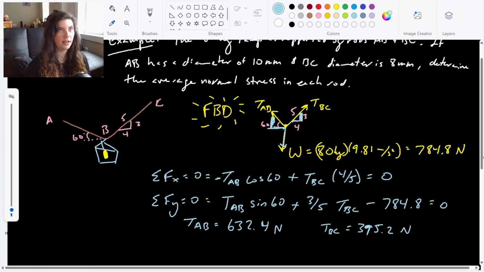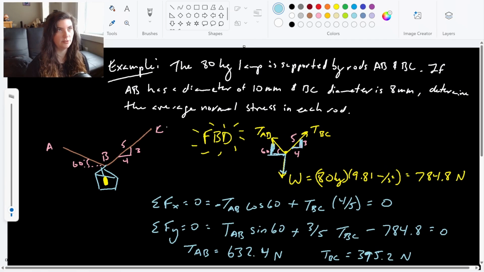Excellent. So I have my first ingredient, right, for my average normal stress. My equation is, again, sigma, the normal stress, is the normal force through that body over the cross-sectional area. So I have the forces going through the rods. Now I just need their cross-sectional areas.